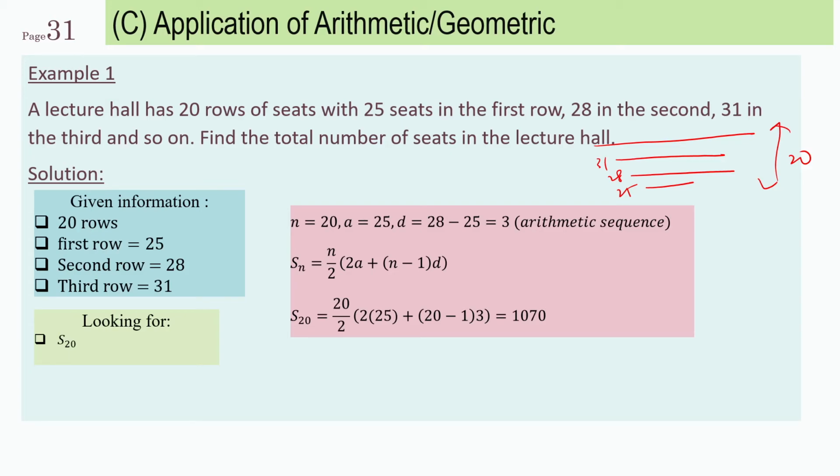So 31 minus 28 is 3, 28 minus 25 is 3, so that means it's an arithmetic. This is how we conclude it's an arithmetic. Then once they want to know the total number, I have n is 20, my a is 25, and my d is 3, so I substitute everything and I get my answer.